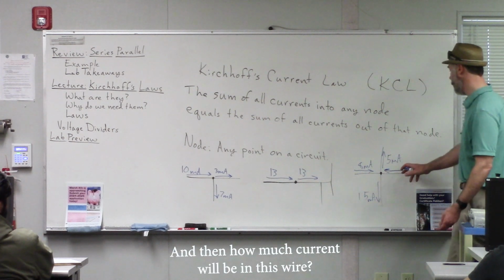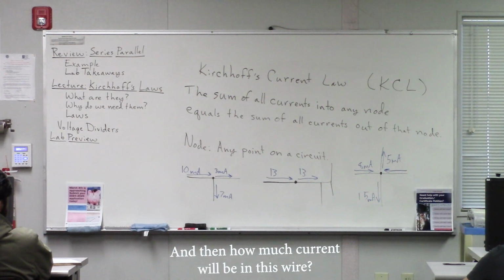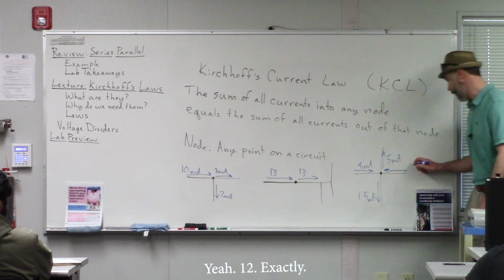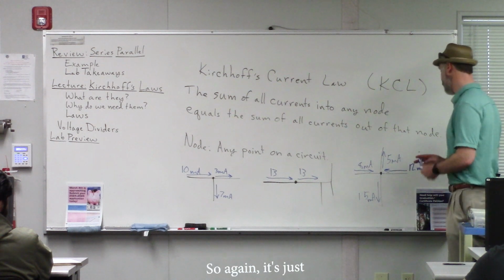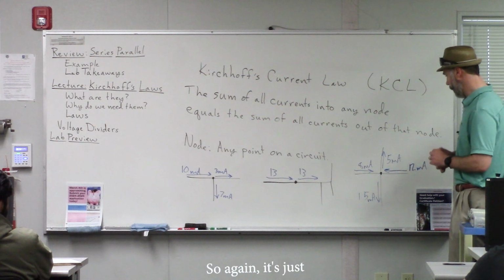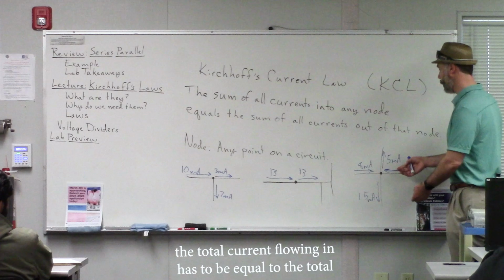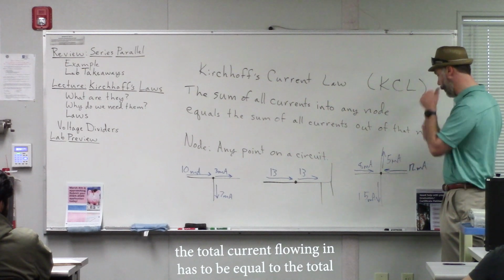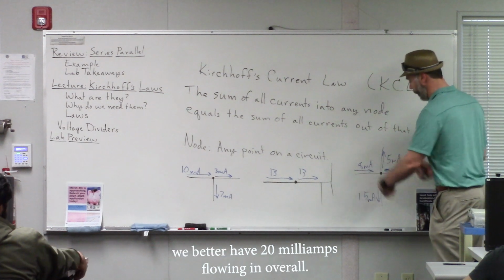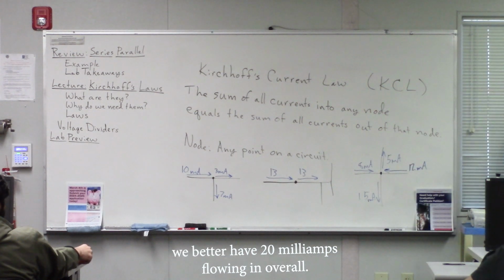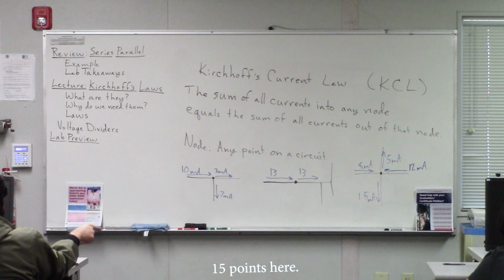And then how much current will be in this wire? Yeah, 12, exactly. So that would be 12 milliamps there. So again, it's just saying that the total current flowing in has to be equal to the total current flowing out. So if we have 20 milliamps flowing out, we better have 20 milliamps flowing in overall. Okay? 15 minus 8.